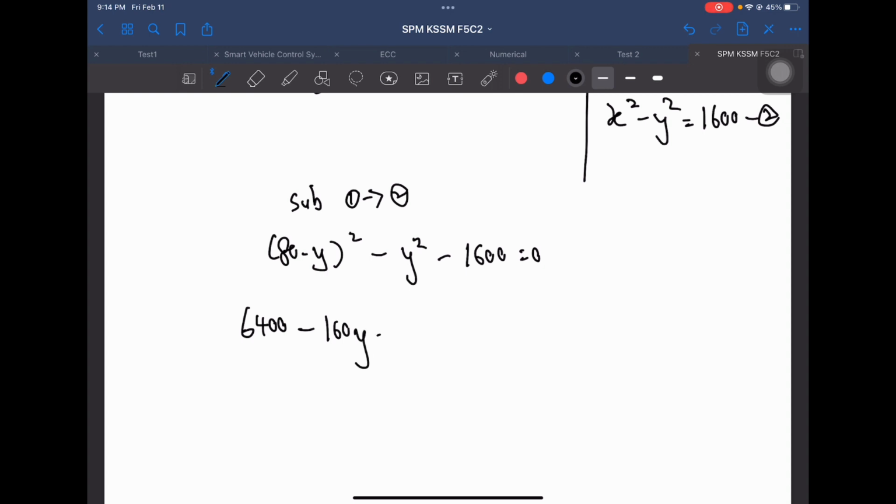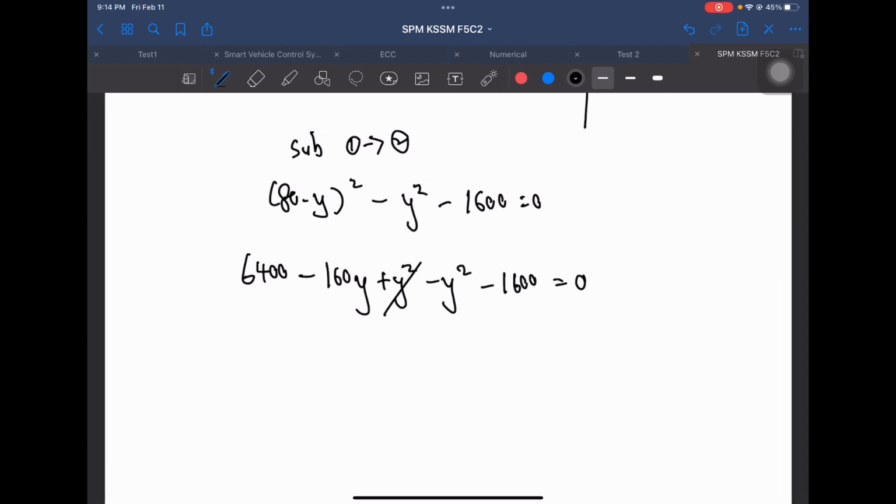160y plus y squared minus 1600 equals 0, so this you can cancel out. So you get 4800 minus 160y equals 0, y equals 30. Okay.